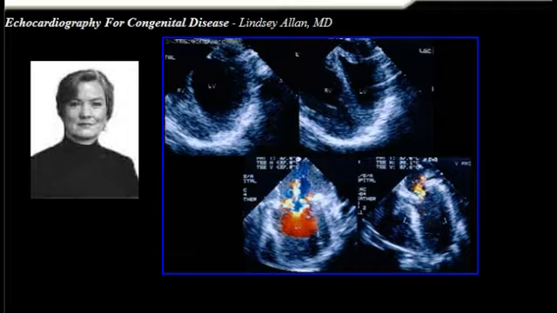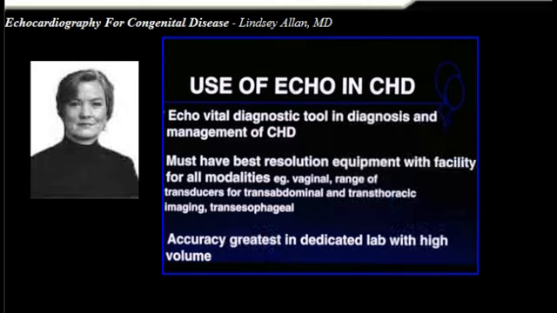Now this is rare, normally this doesn't happen, and it turned out some stitches had slipped on the valve, which were readily repaired. So the second time we came off bypass, there was very little mitral or left-sided AV valve regurgitation. But this is the kind of situation where TEE is going to prove very useful.